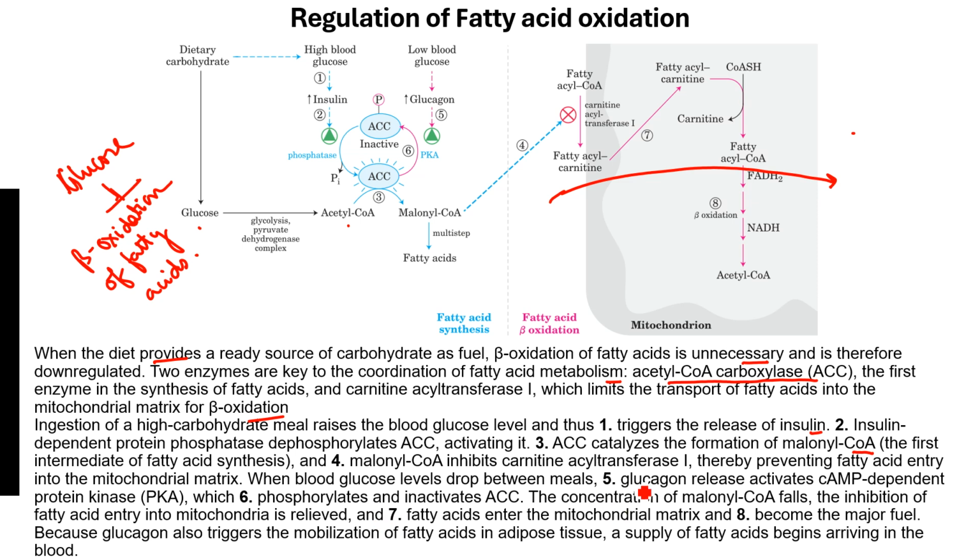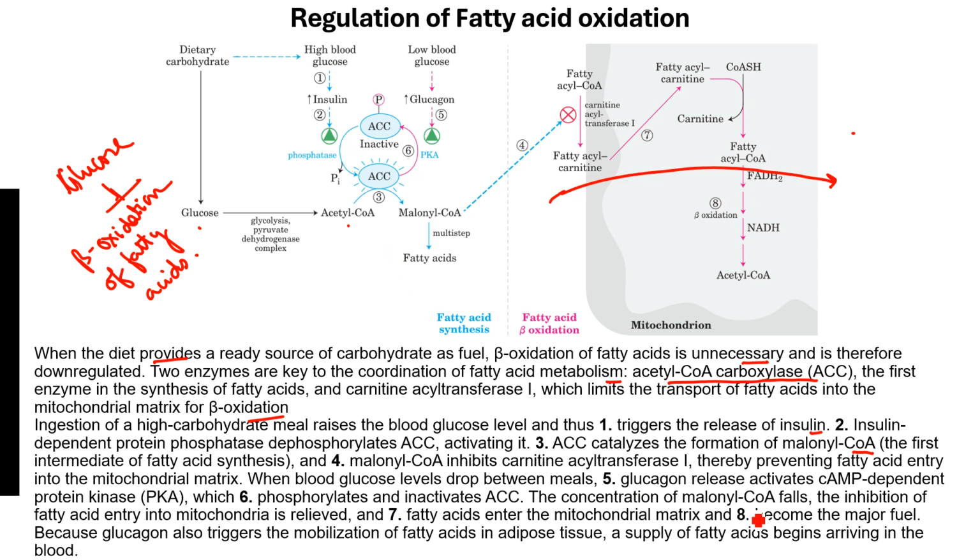Glucagon release activates cyclic AMP and the cyclic AMP dependent protein kinase A, which will phosphorylate the acetyl CoA carboxylase and make it inactive. Once ACC is inactive, malonyl CoA will not be produced.